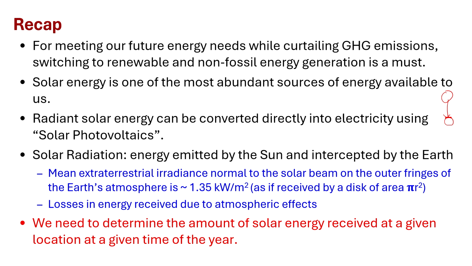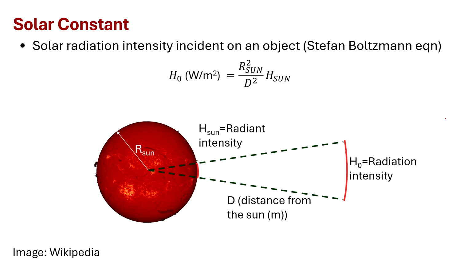So what we are interested in is to determine the amount of solar energy that we receive at a given location at a given time of the year. So we need to consider geographic factors, time factors, and also atmospheric factors in finally determining the amount of radiation that is available at a given location in the world.